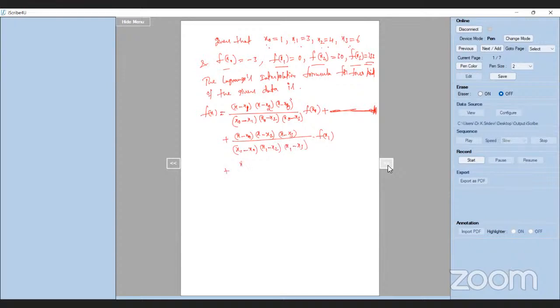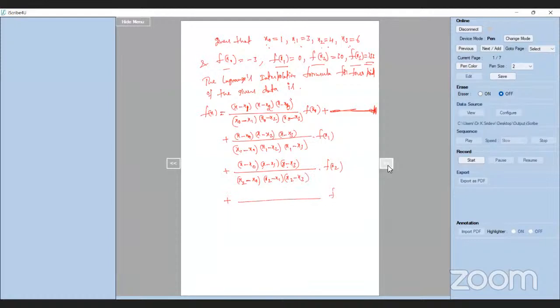Next term, this is related to f of x2 and x2. x minus x naught, x minus x1, x minus x3, x2 should not come, x2 should come here only. x2 minus x naught, x2 minus x1, x2 minus x3 into f of x2.